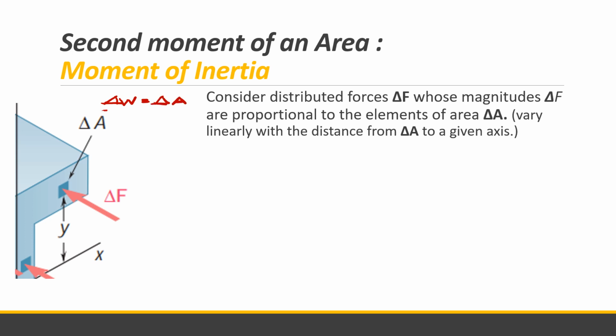So here we will take the concept for this moment of inertia. Weight is a force, so this is also a force. So the delta F is proportional to the elements of delta area.